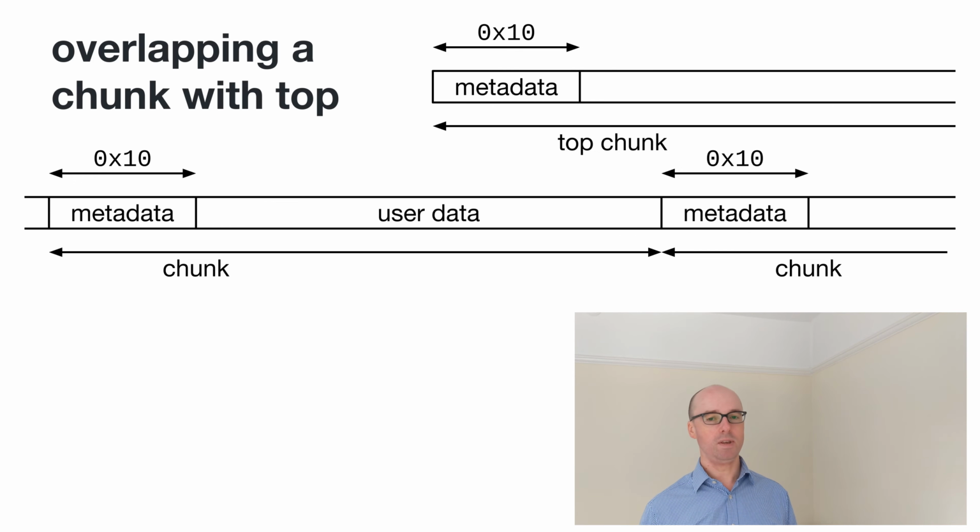So the allocator is under the impression that there's one chunk here, and it doesn't realize that that chunk is now overlapping with the top chunk. And so I can use that in conjunction with the local info leak to grab that stack pointer and copy it into the metadata of the top chunk.